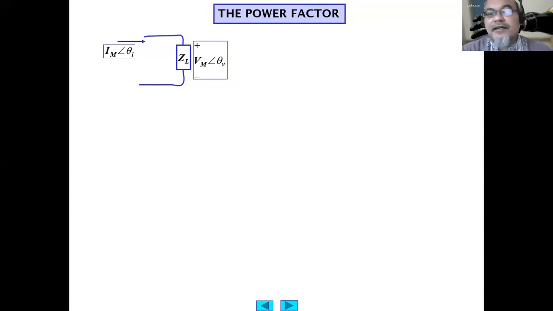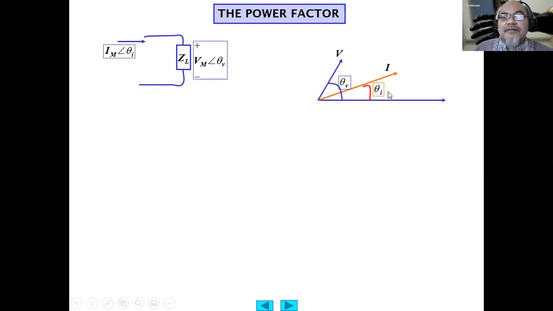When we have an AC current flowing through a load having an impedance ZL, there will be a voltage across that load impedance, Vm with a phase angle of theta V. Then there will be power being dissipated there.